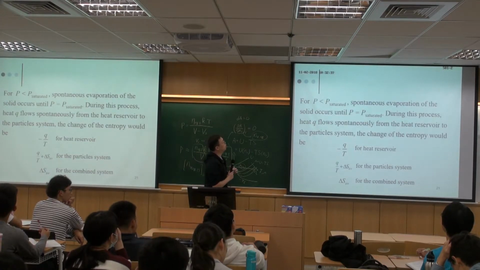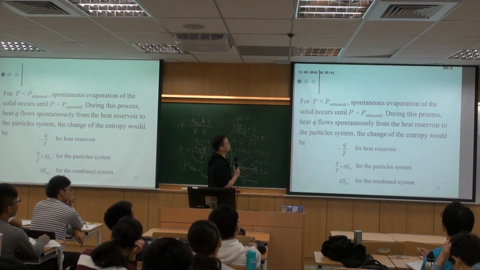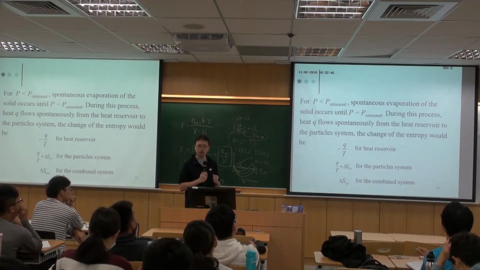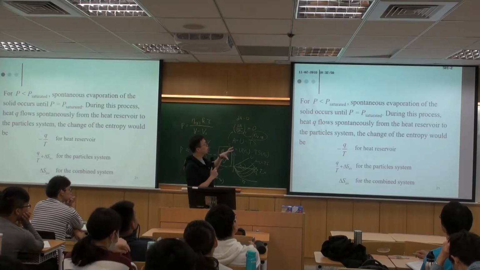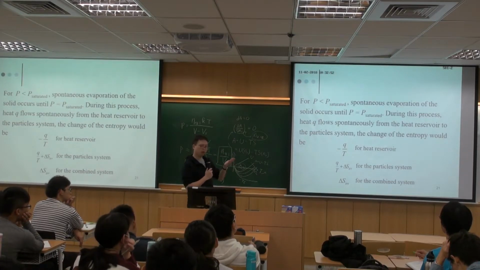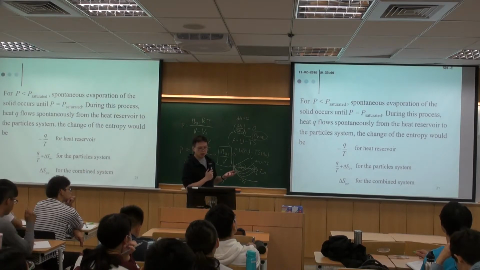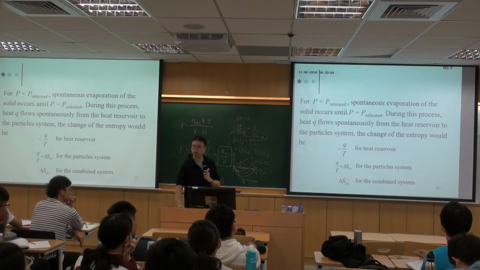If the vapor pressure is less than the saturated vapor pressure, then there's spontaneous evaporation of the solid, right? Because if the pressure suddenly becomes smaller, spontaneously some particles should evaporate or sublimate from the solid, until the pressure is the same as the saturated pressure.